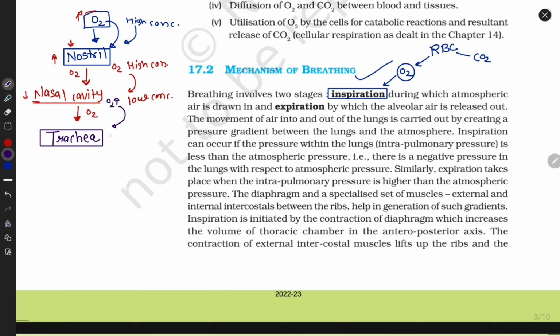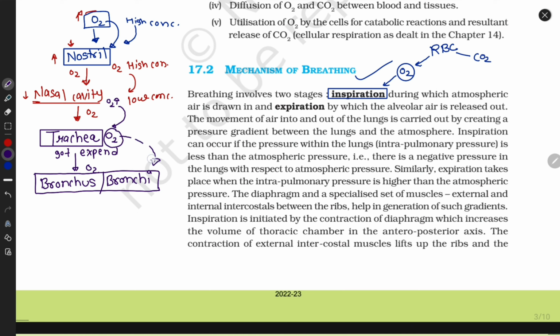The trachea expands, slightly swollen after taking in gases, and passes its oxygen towards the bronchi. Oxygen travels from high concentration to low concentration because of their dividing.